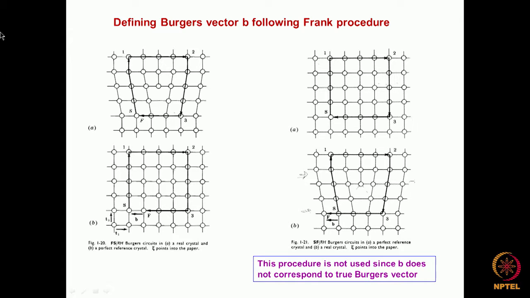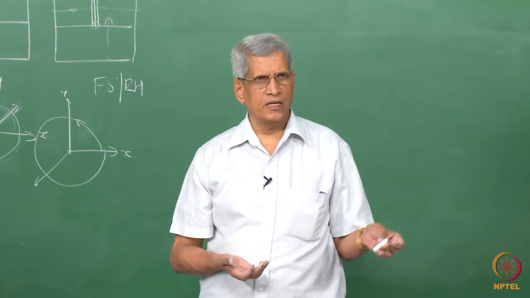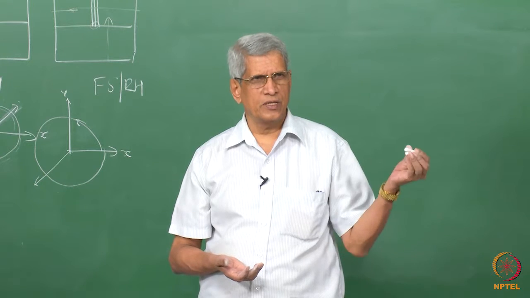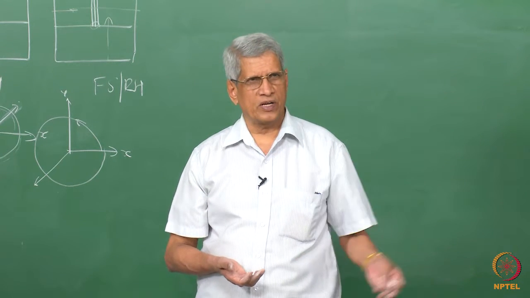The convention which one has to follow is only this one. That is, first you take a right hand screw circuit around the dislocation, and then do it on a region of the crystal which does not contain a dislocation, and find out the direction in which the Burgers vector is. The magnitude also is defined now in a perfect lattice.